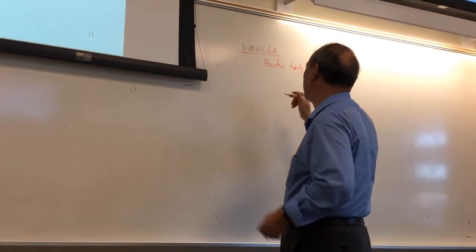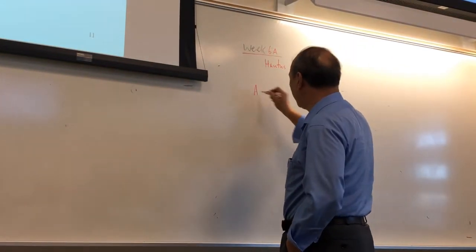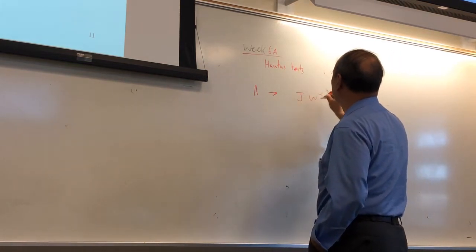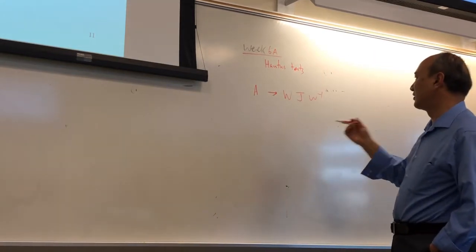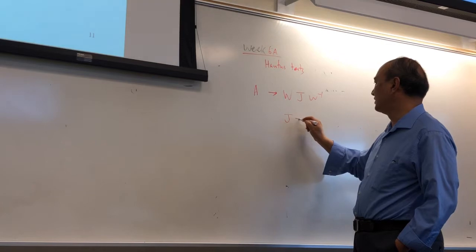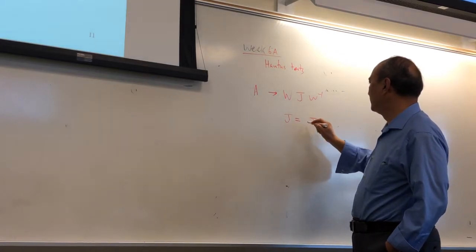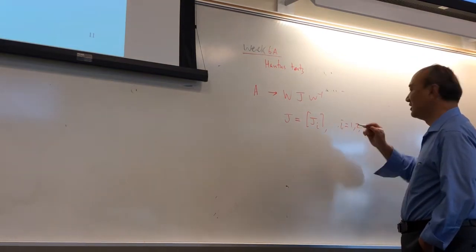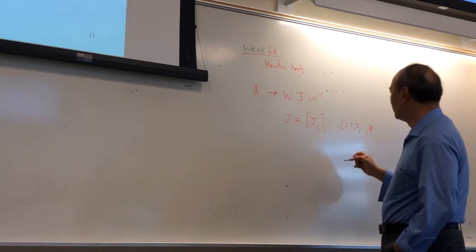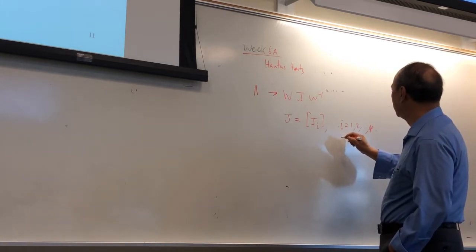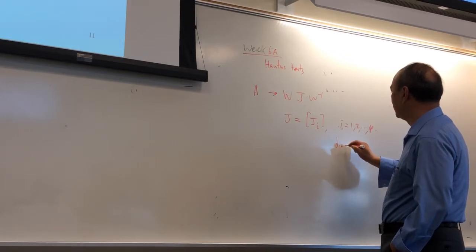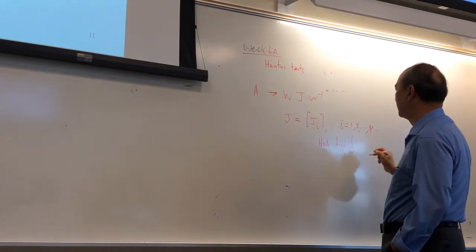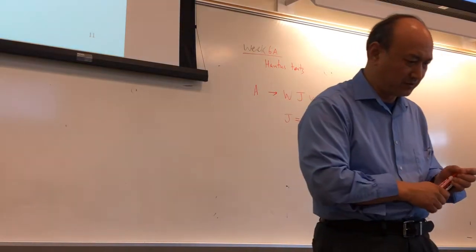Basically we're talking about a matrix A that may not be diagonalizable, but it can be put in block diagonal form with blocks J_i, i equals 1, 2, up to P. These are called block diagonal Jordan blocks, okay, Jordan blocks.